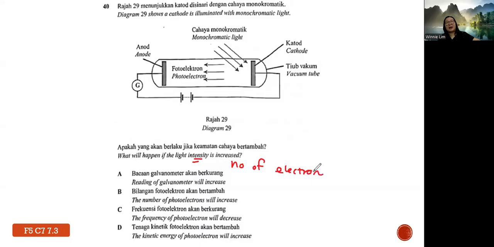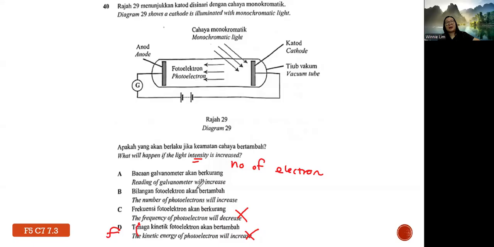But if, let's say, the photoelectric effect does not occur, even if you increase the light intensity, nothing will happen as well. So what is the best answer? The reading of the galvanometer will increase, number of photoelectrons increase, the frequency decrease. Wrong. Kinetic energy not correct. Kinetic energy refers to frequency.